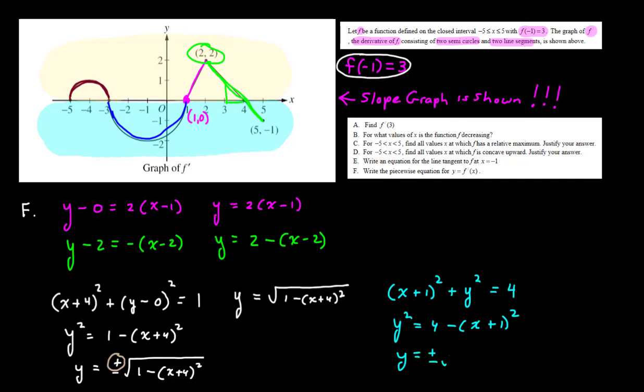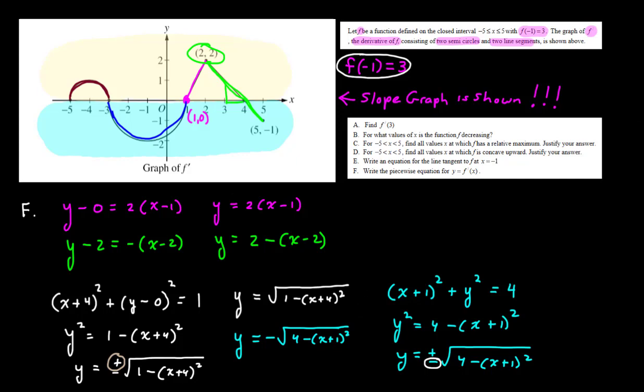Y equals plus or minus the square root 4 minus x plus 1 squared. Since I need the lower half of the semicircle, it's going to be the negative radical. And so I will write that, oh geez, where will I write that? Here. Y equals negative square root 4 minus x plus 1 squared, all under the radical.